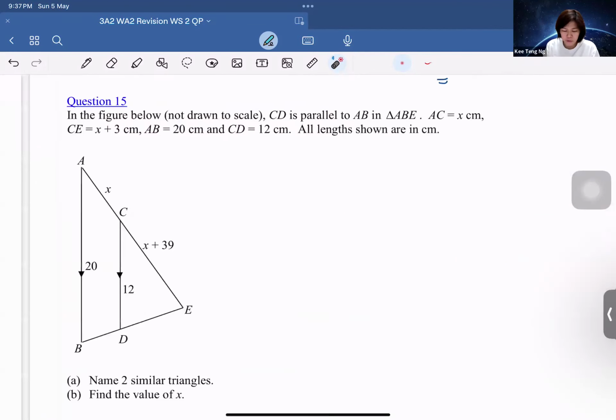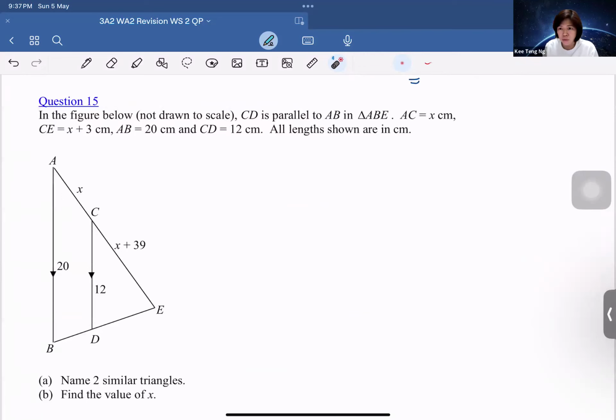Okay, in question 15, you notice that there's some algebra, right? So when there's algebra, usually I still prefer to do method number 1, where we find a pair of ratios and use it. The question says that CD is parallel to AB. This is actually quite an important statement. Why is it important?